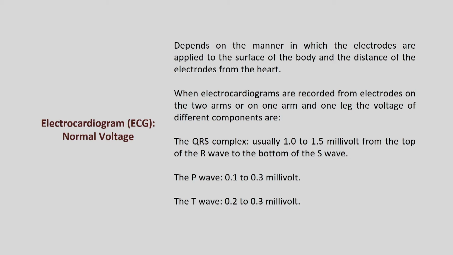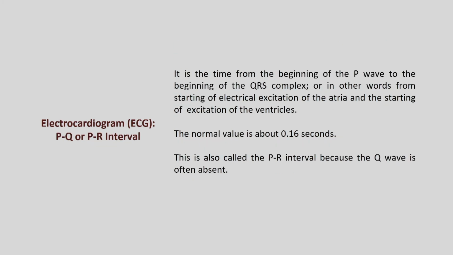If there are any changes, then we have a concern about what the problem is and where it is, why these changes are happening, and then we will inquire further. Okay. So, what does the PQ or PR interval mean? It is the time from the beginning of the P wave to the beginning of the QRS complex.